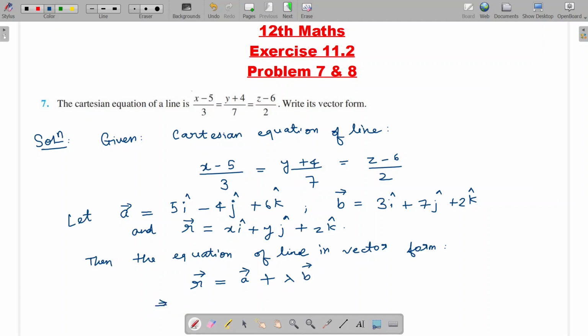So that means r bar equal to a bar, which is this 5 i cap minus 4 j cap plus 6 k cap, plus lambda into b bar, which is this 3 i cap plus 7 j cap plus 2 k cap. Okay, so this is the answer of the problem 7.